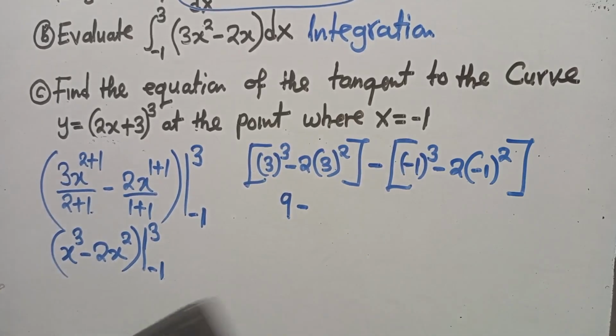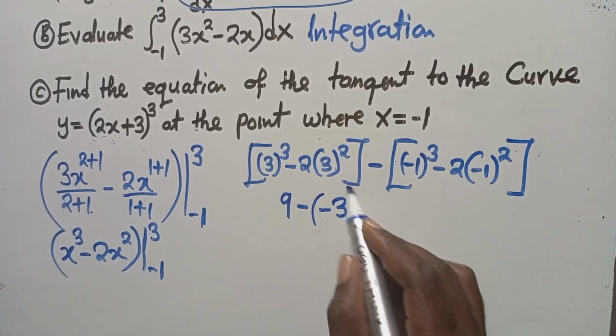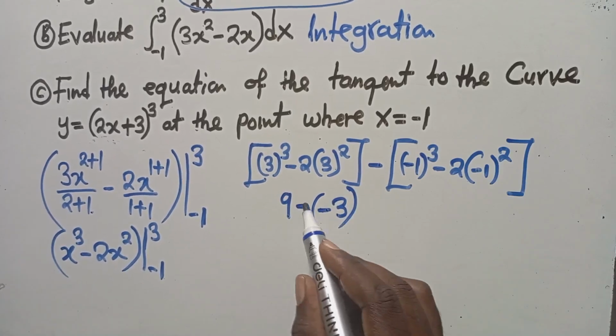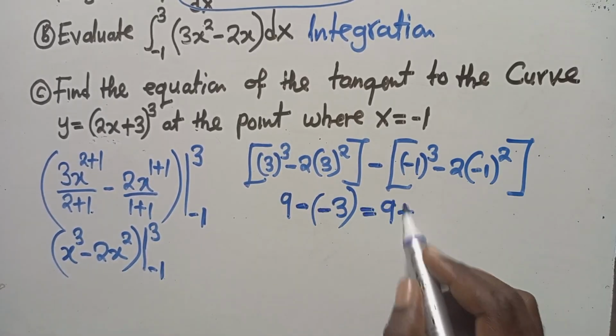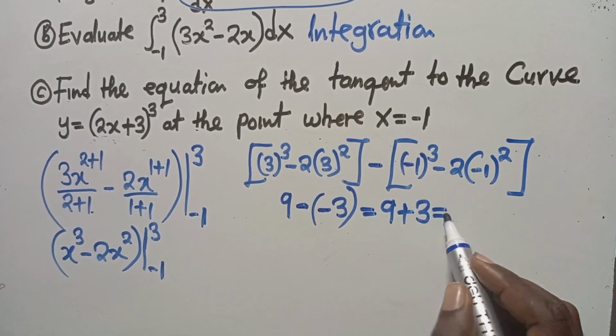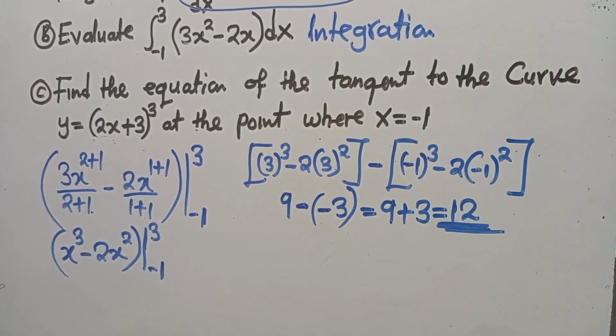Since it is negative 3, I'm going to say minus, minus 3. Negative, negative, this is just the same as 9 plus 3, which is equal to 12. This is my final answer.